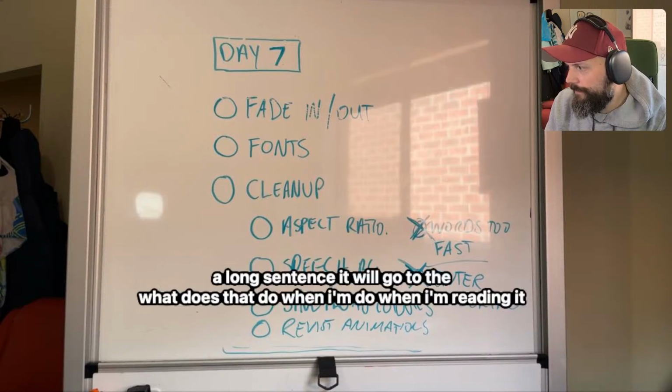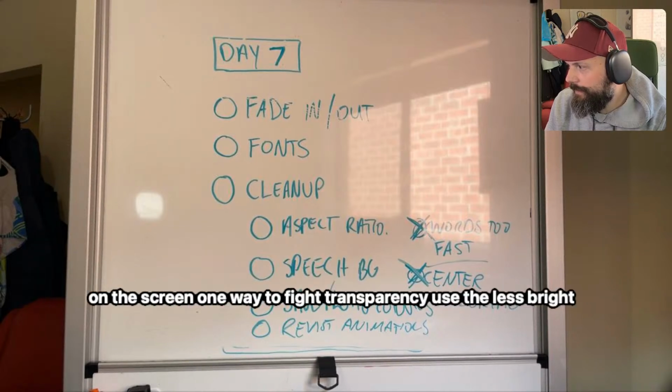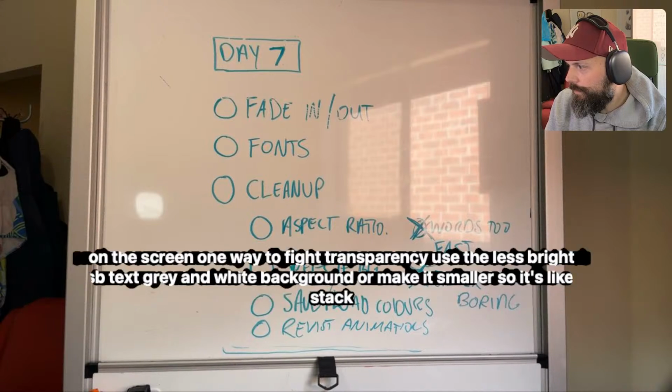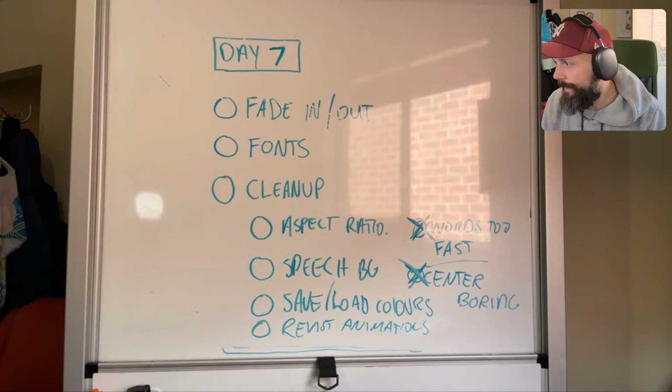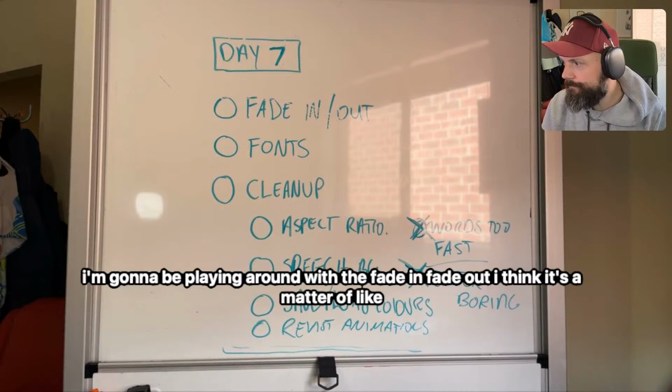One way to fake transparency is to use the less bright HSB text grey on a white background, or make it smaller so it's like a stack. I'm going to be playing around with the fade in, fade out. I think it's a matter of popping in, popping out.